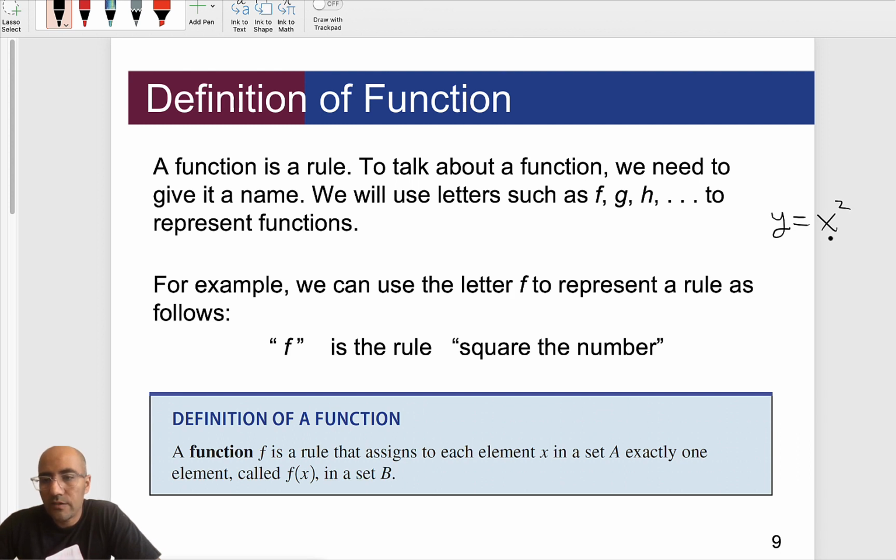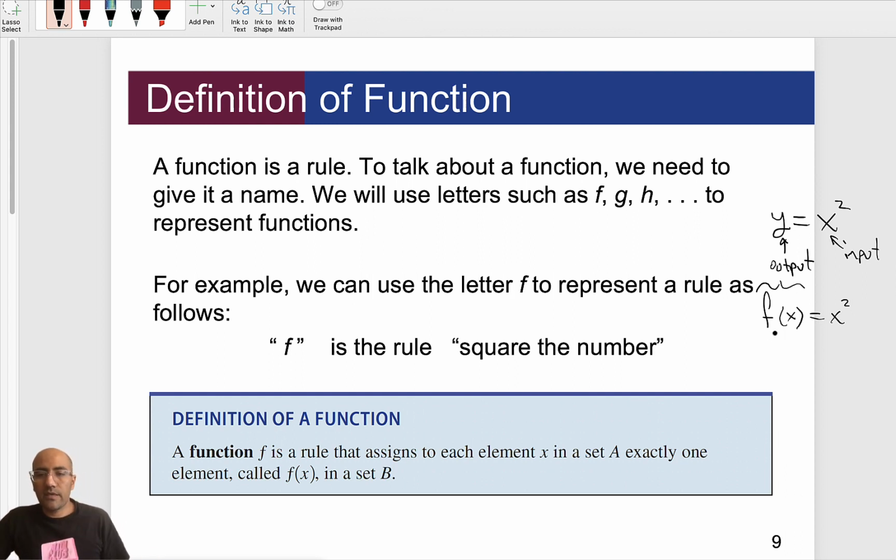Where we consider this as the input and y is the output. So all we're doing is rewriting this to follow this notation, f of x equals x squared, where the f of x together is the y. f of x is the y.